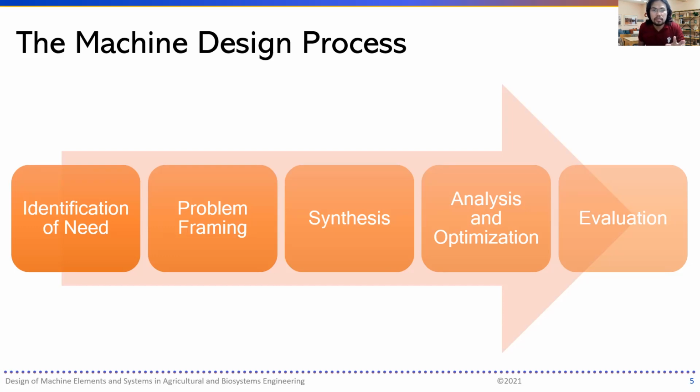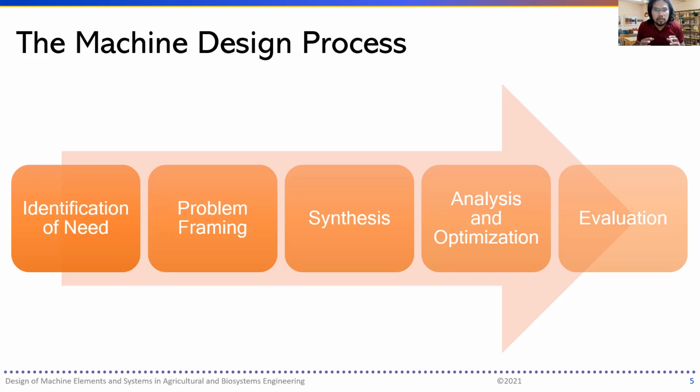Both terms, synthesis and analysis, have been defined extensively a while ago. What about optimization? Now the objective of engineering is always to optimize, and that is to design while considering safety and economics. So anyone can design, but without due consideration of safety and economics, that is beyond engineering, that is not engineering.